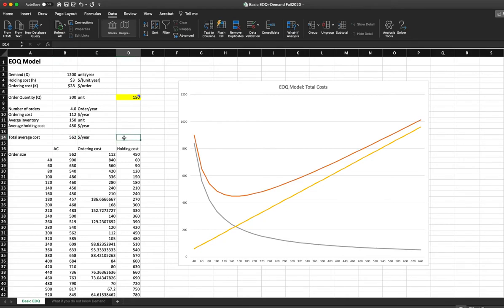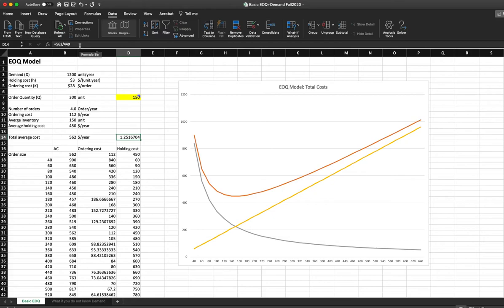I'm going to do a quick calculation, 562 over 449, where 449 is the cost of the true EOQ. The cost increase is about 25%, and yet we decided to order double that amount, from 150 to 300. So that's a dramatic jump in order quantity, but the resulting cost is only a 25% increase.